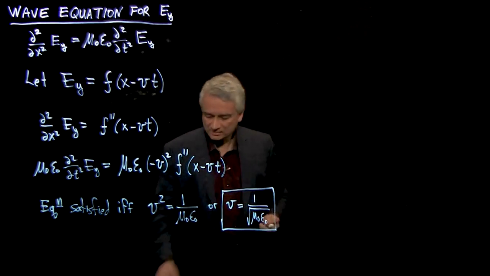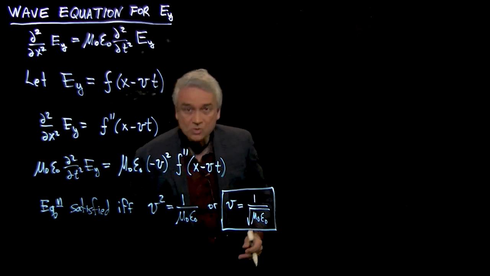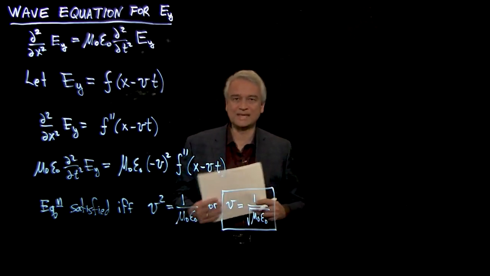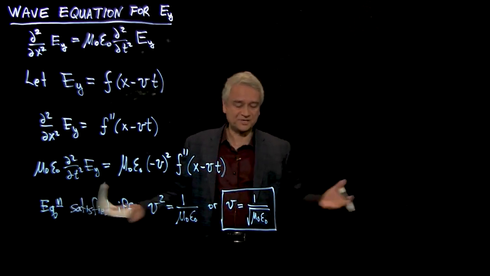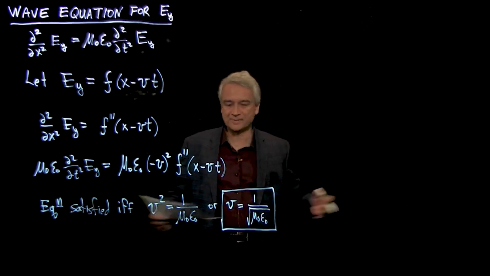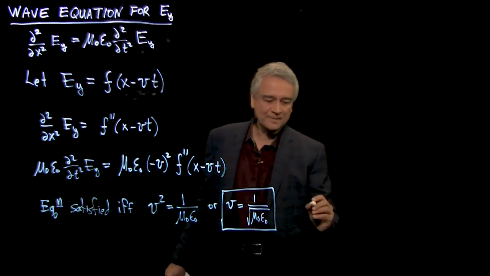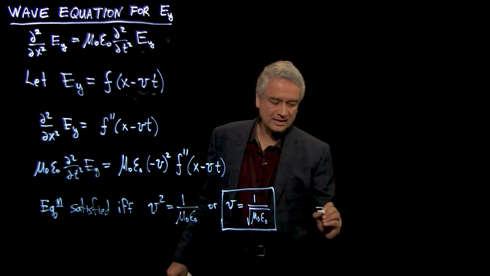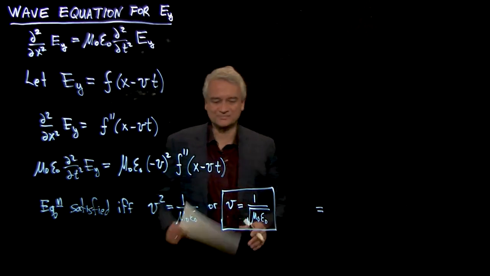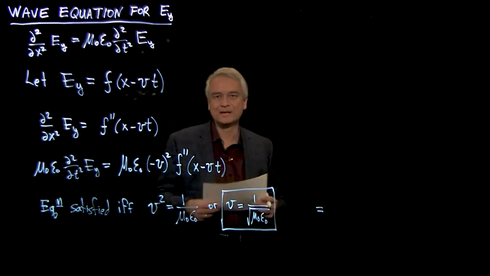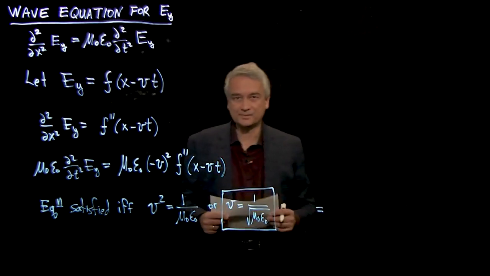And so he knew what mu naught and epsilon naught were, and he calculated what speed this is. My equations tell me waves moving with a speed. What's the speed? He worked it out, and he didn't have as accurate measurements of mu naught and epsilon naught as we do today, but he worked it out, and I will give you today's value.